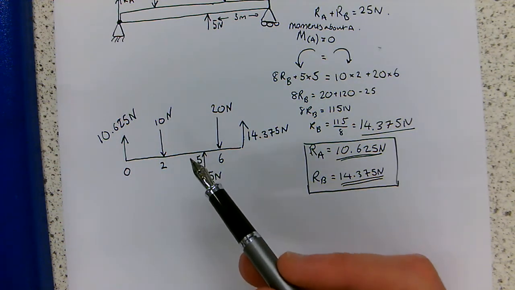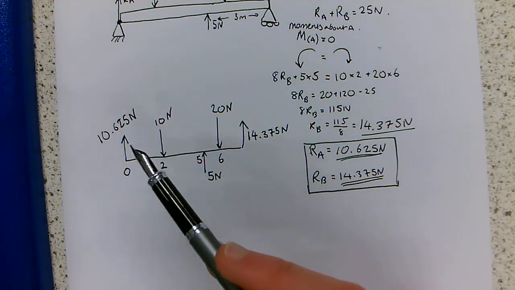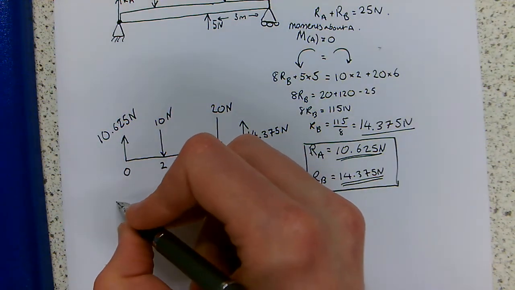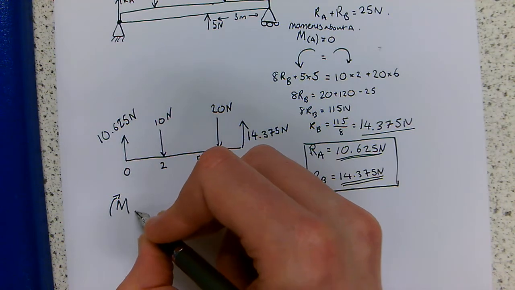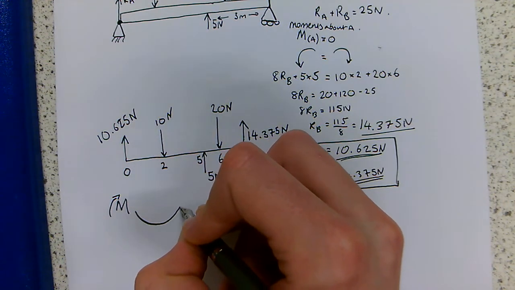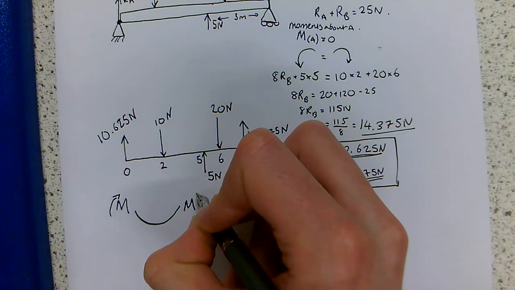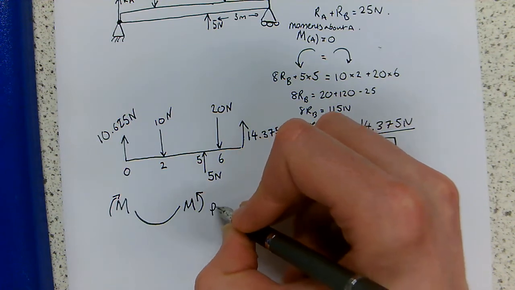We typically tend to consider the moments to the left of where we make our cut, and the convention is that a moment that causes our beam to sag, ends go upwards, middle go down, is considered positive.